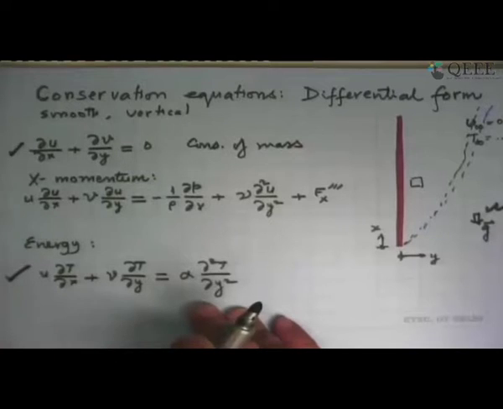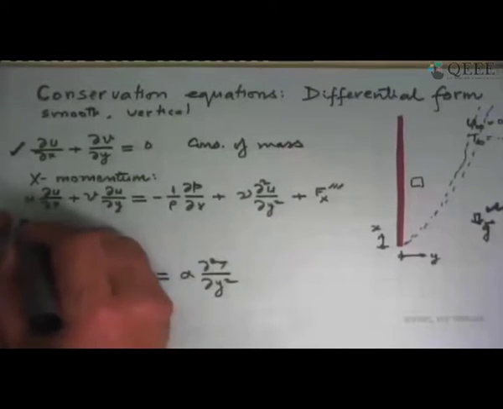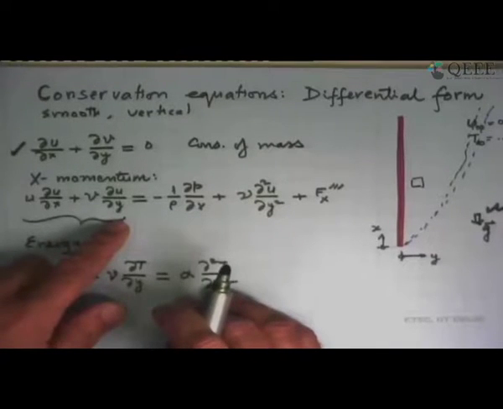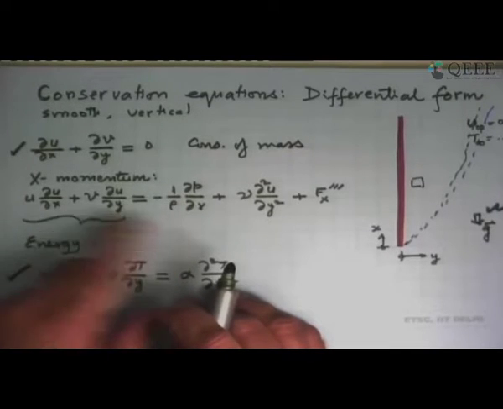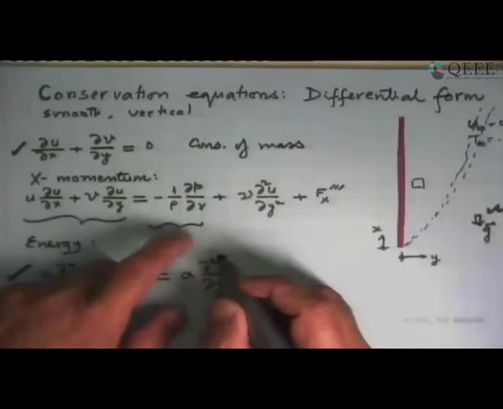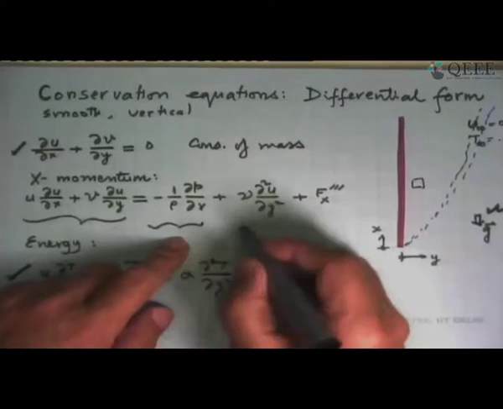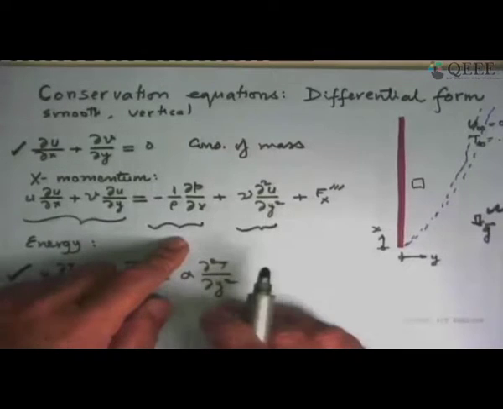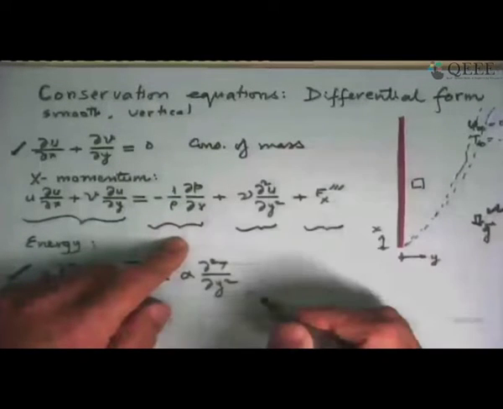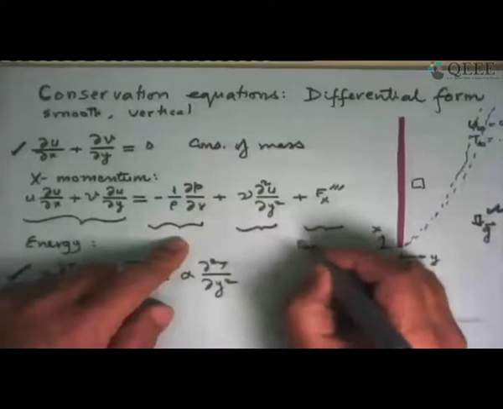The difference comes in the x momentum equation. So the left part here, u du dx plus v du dy, is the same. Then comes the pressure term, minus 1 by rho dp by dx. Then the viscous forces, and we have to now put here Fx triple prime, which is the body force.